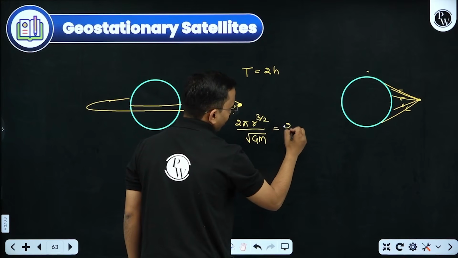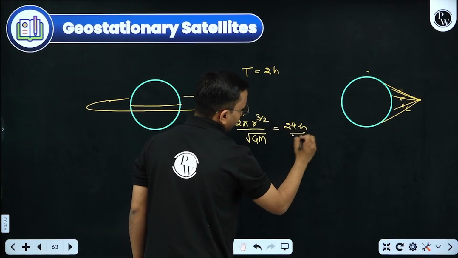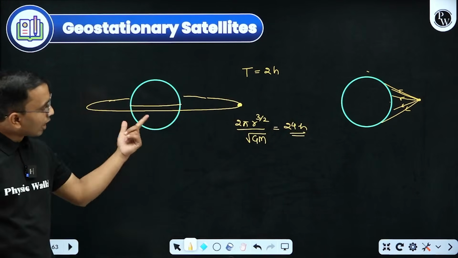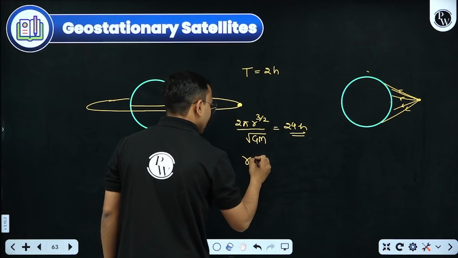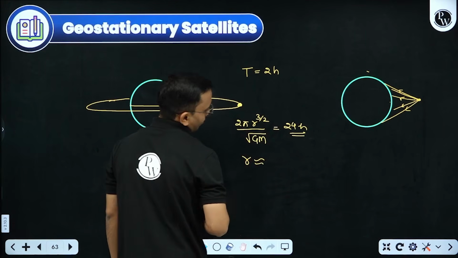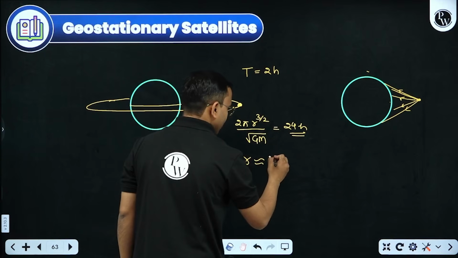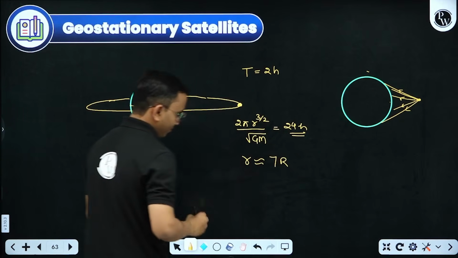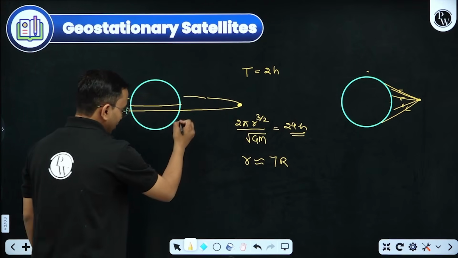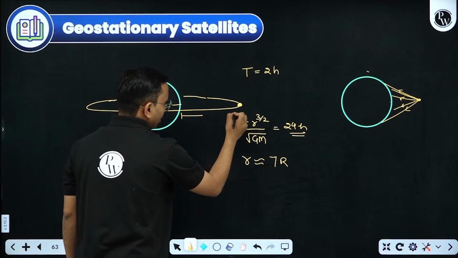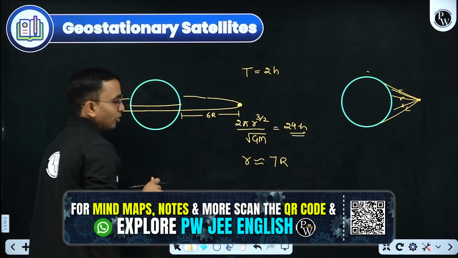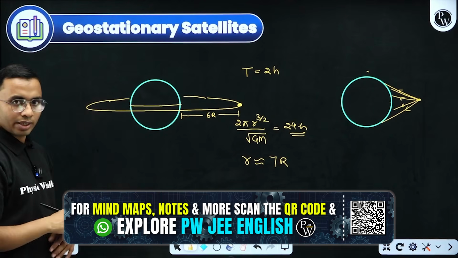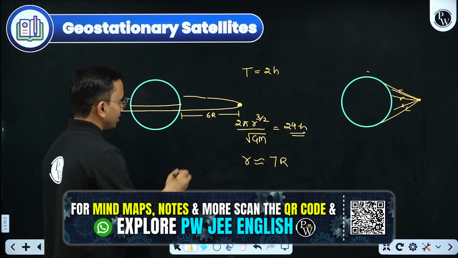This is 24 hours. From here you can find r also. How much is r? This r nearly comes out to be 7 times the radius of Earth. So the height of a geostationary satellite from the Earth's surface is nearly equal to 6R. I am not telling exactly, nearly equal to 6R.